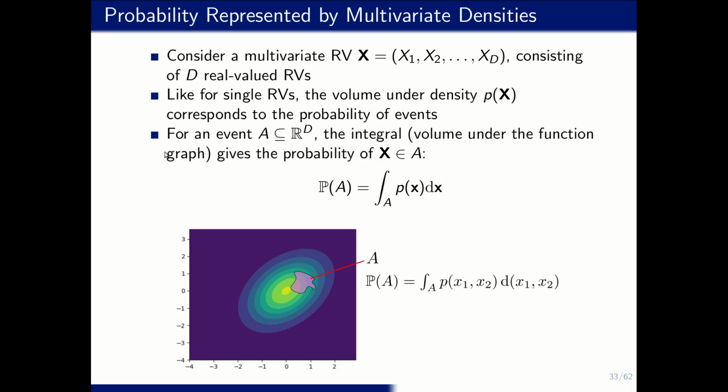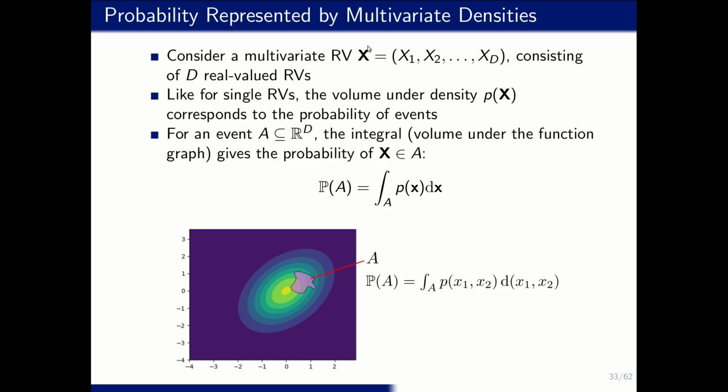And so where's the probability now? For one-dimensional distributions, we said that the probability is essentially the area under the curve, based on a certain set A, an event A. It's pretty much the same story here. So consider a multivariate random variable, or random vector.